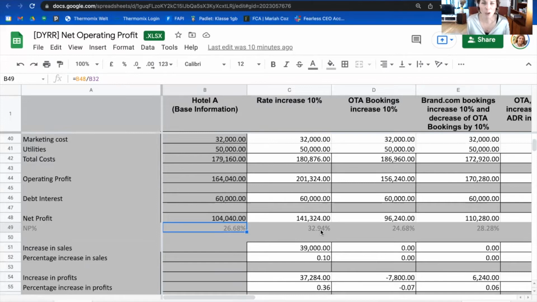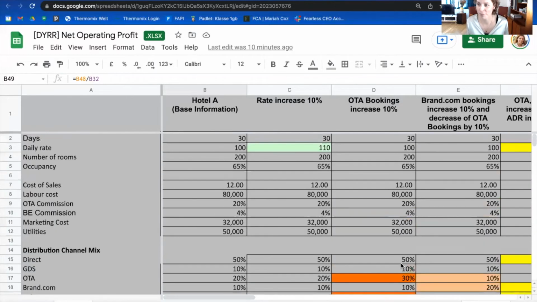It's a question what's going to happen with the occupancy if you do so. In this scenario, which I'm going to show you, we are keeping the occupancy the same. So it's going to be quite clear for you to see at the same occupancy what is happening with the net operating profit.